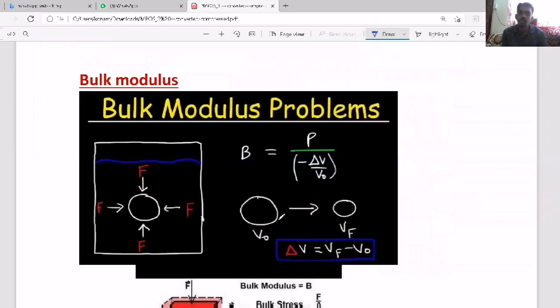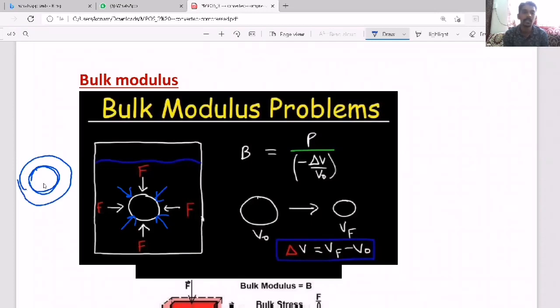Now, the next one is bulk modulus. See, as I said, volume stress, volume strain means when force is applied on the body at each and every point in perpendicular directions as shown. At each and every point it should happen so that there is a decrease in volume uniformly from all the sides equally, like this.